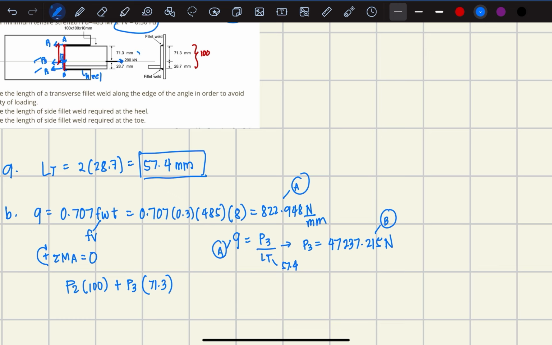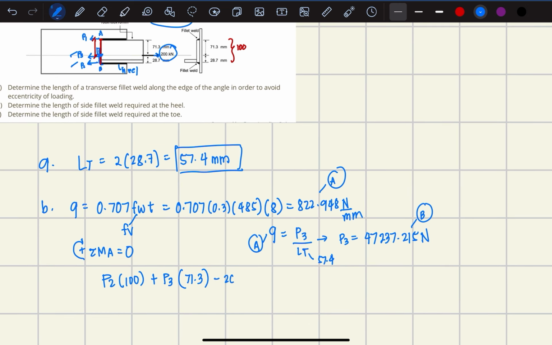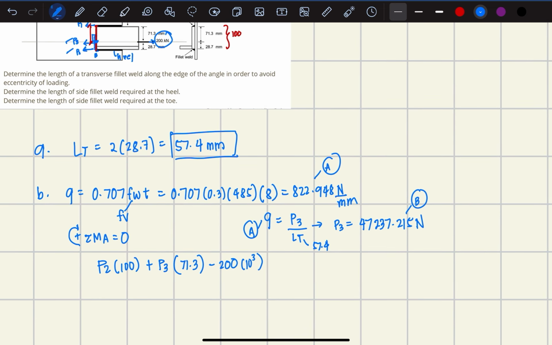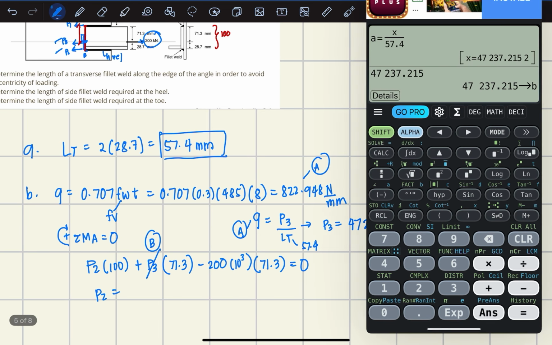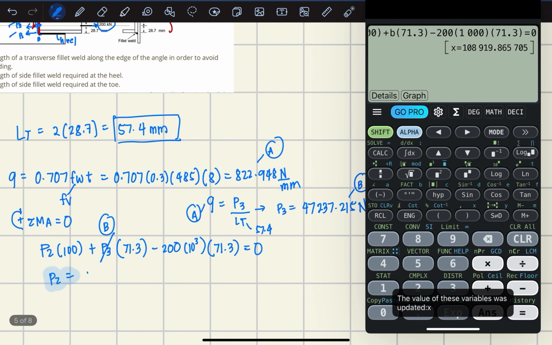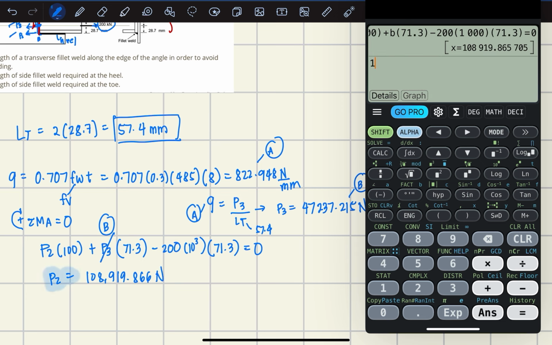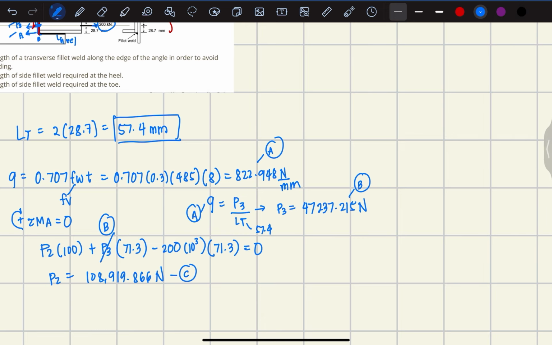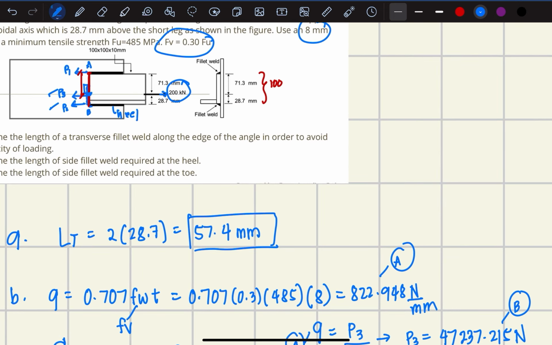There are also the moments here. Then, our 200 kN, minus 200 since its direction is opposite, multiplied by 10 raised to 3 to become Newtons, times the moment arm of 71.3, equal to 0. We know B from what we stored, so only P2 is the unknown. So, P2 equals 108,919.866 N. Let's store this value as well in C. Now we can get the length of the fillet weld at the heel.